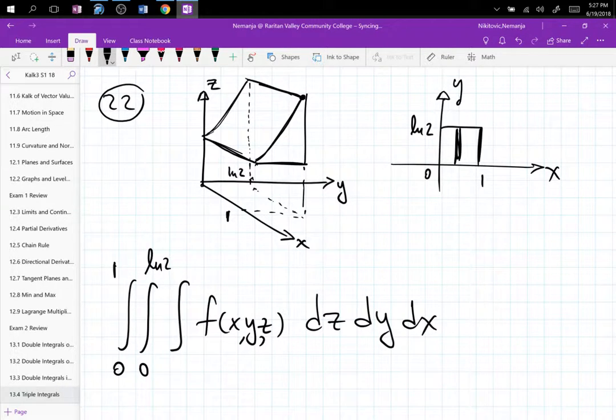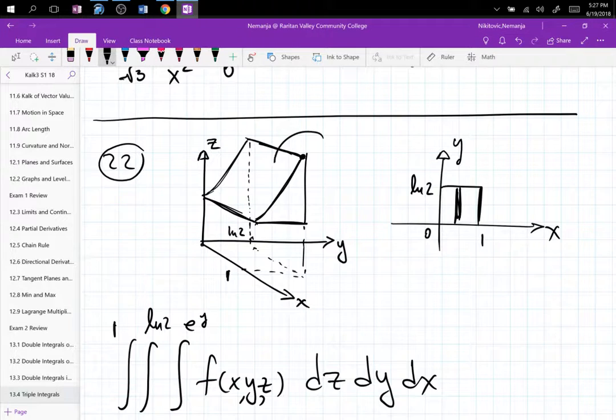Now all I need to do is figure out the z limits. They give you in the text that the top surface is e to the y, and the bottom surface is 1. So the surface over here is z equals e to the y, and the surface on the bottom is z equals 1, a plane parallel to the floor. And there you go.